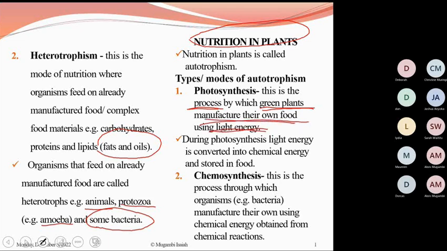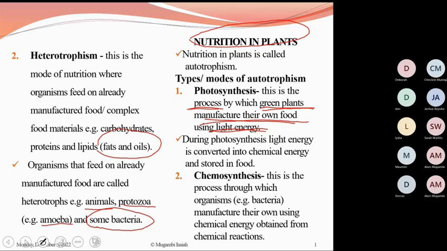During photosynthesis, light energy is converted into chemical energy and stored in food.